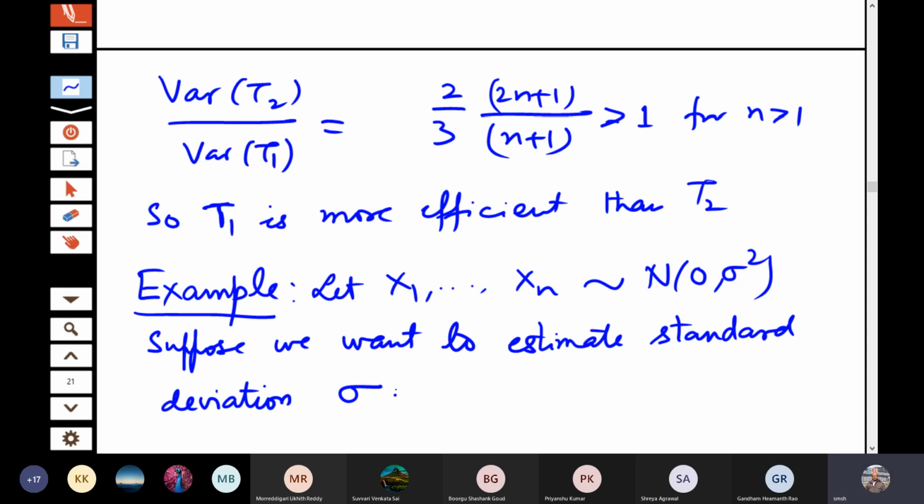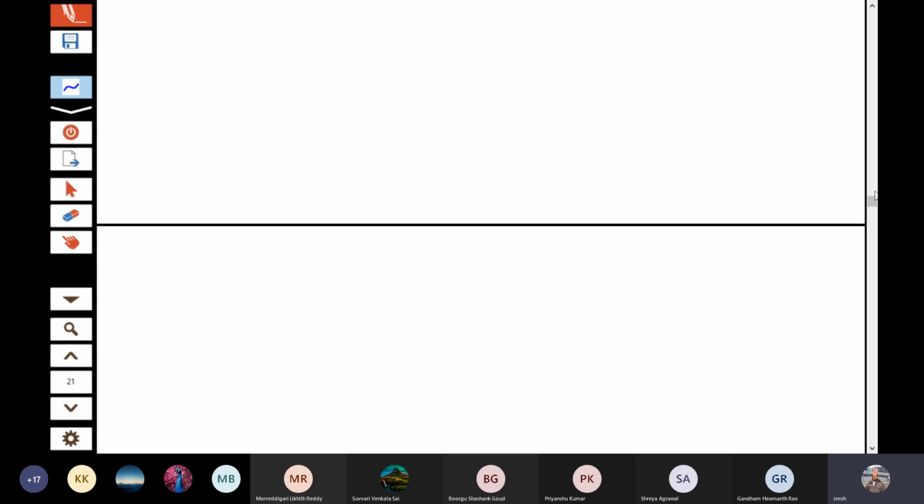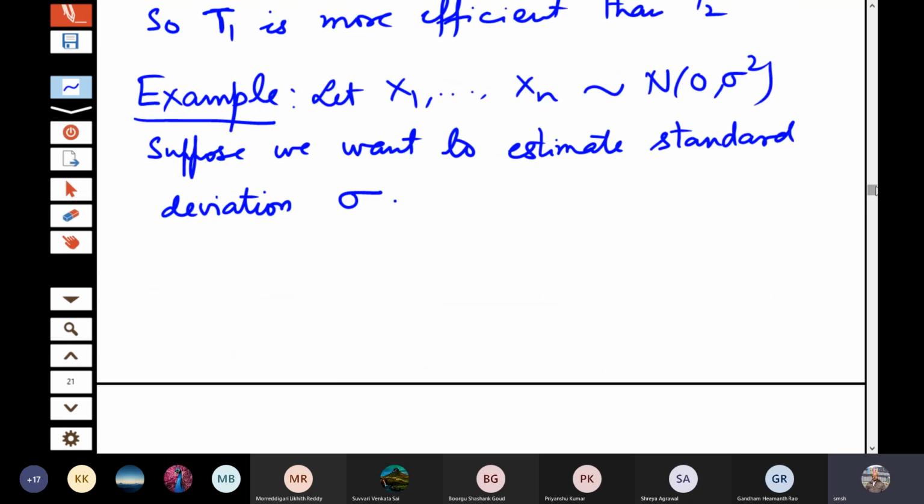It does not mean that if I take a square root, then its expectation will be equal to sigma, because expectation is a linear function, not a non-linear function. So let us see term by term. I can consider the square root of s square and look at what coefficient I will get. Another thing is I can also consider estimators based on absolute values. So I can consider various things.